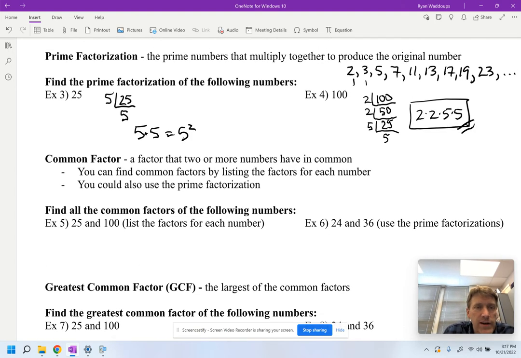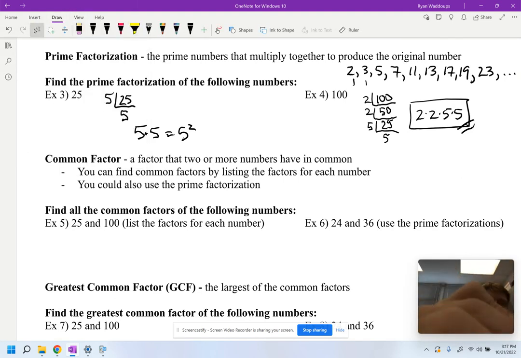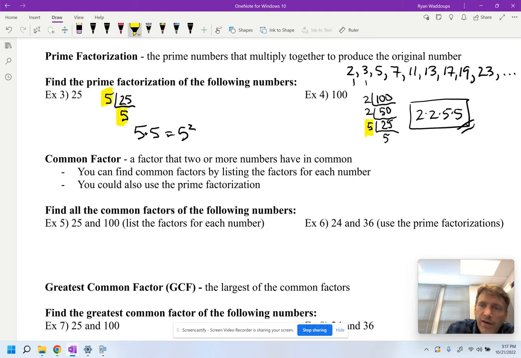We have already found their prime factorization. And so I'm just going to make note that they both have a 5 and a 5. And that's all they have in common.